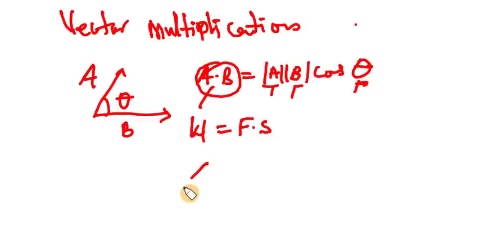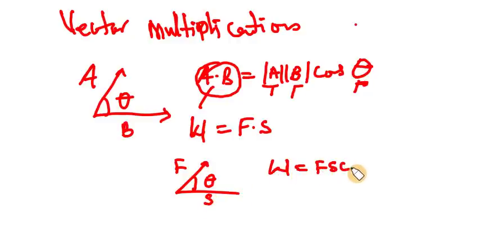When it is inclined at an angle, let's say this is a force and this is displacement, we can have it as Fs cos what? Theta. Fs cos theta. Of course, you see that these are vectors. It's of this form. So dot product of two vectors gives you a scalar.